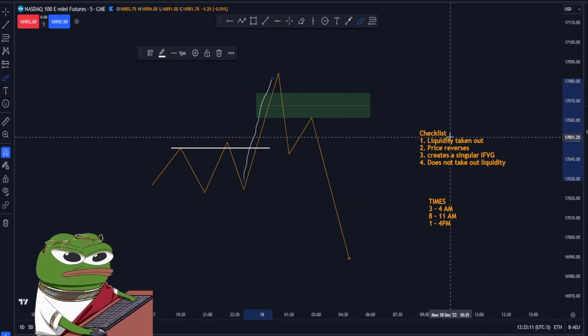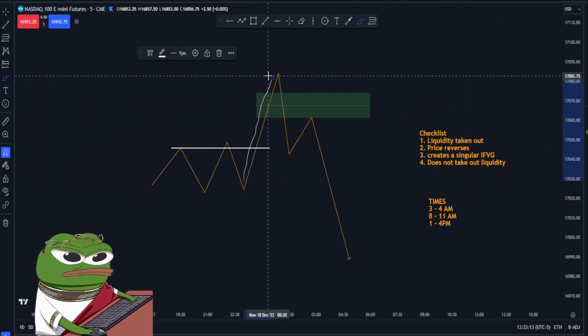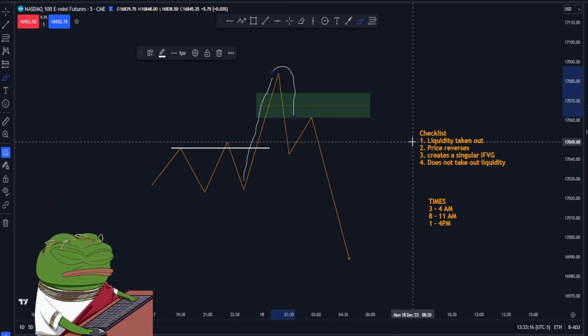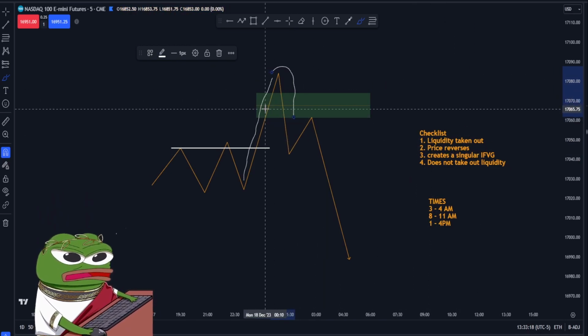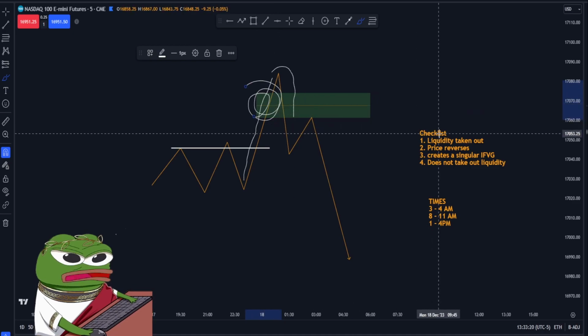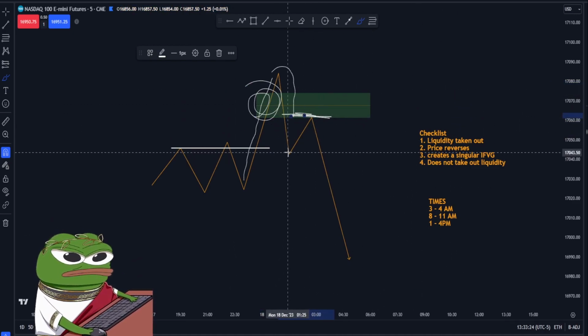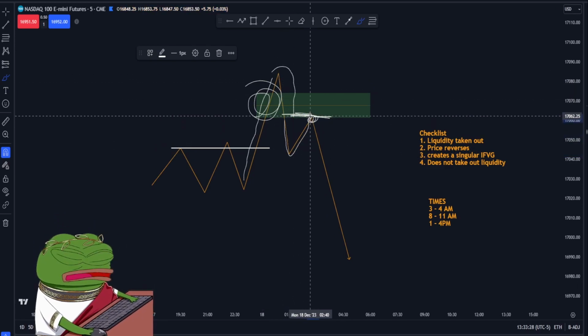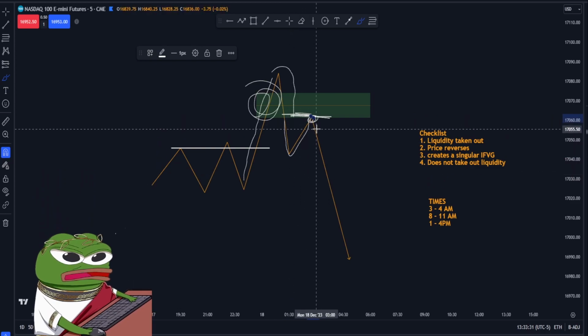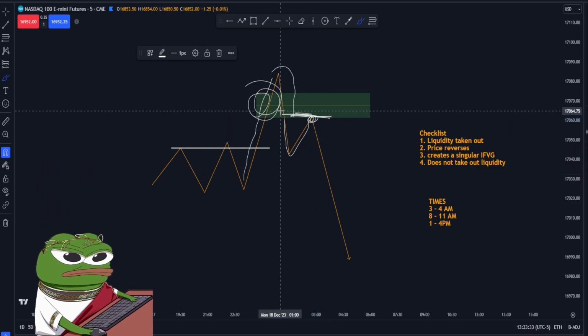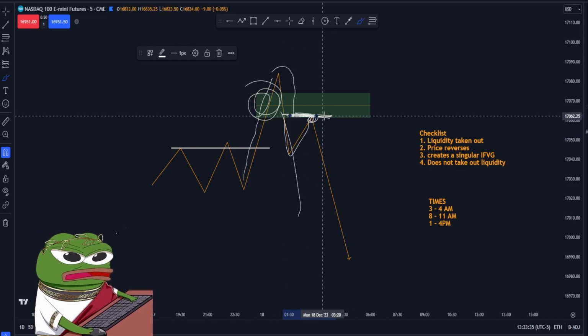Now I have the liquidity taken out. So now I'm waiting for the price to reverse. So another check. Then inverse fair value gap here. So that's another check. And I put my limit order here and I'm just looking and checking if the price does this and enters me into the position. So if it does this, it's fine. But if it does this, I just cancel my limit order.